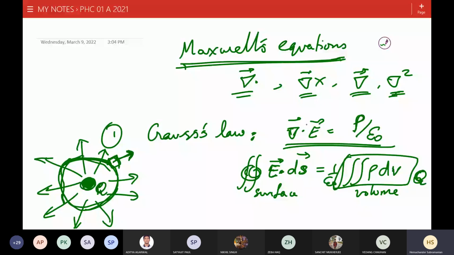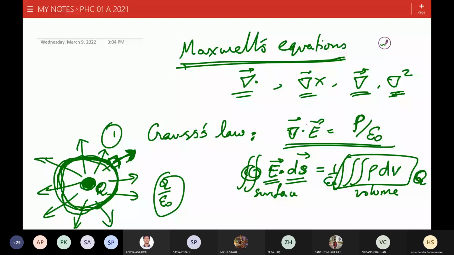Take the electric field vector at that point, dot it with the surface element, and integrate over the entire surface. That will give you Q over epsilon naught, proportional to the total charge inside. That is what Gauss's law says.